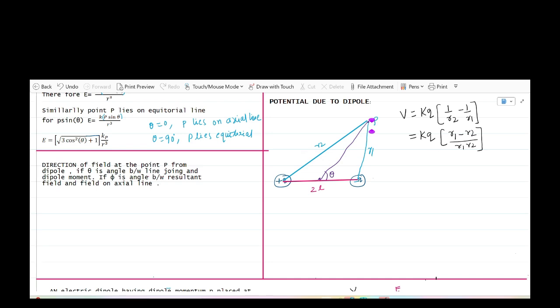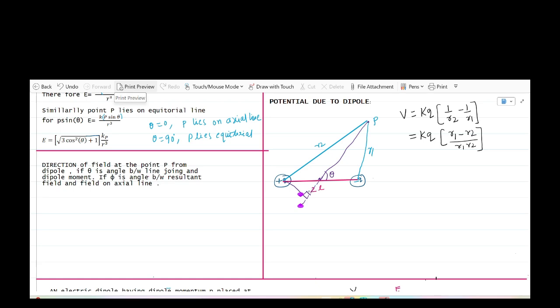So here I need to change R2 and R1 in terms of L and the dipole moment. For that, draw a perpendicular from the line to R2 to make the distances equal.